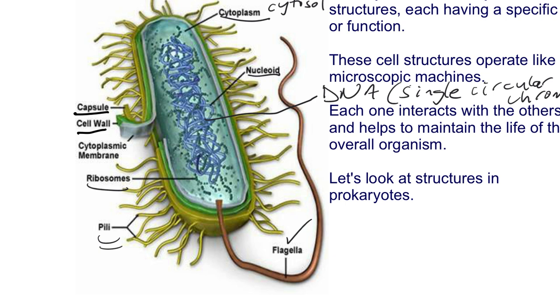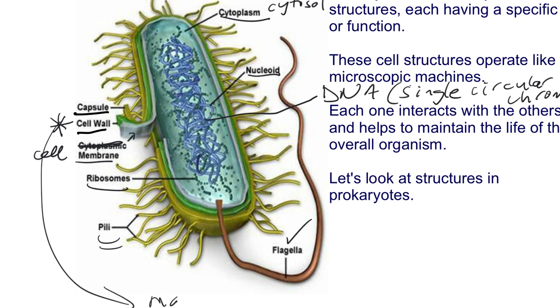What else? We got cell membrane, of course. A cell membrane, I don't know why they call it cytoplasmic membrane or plasma membrane. You can see that right there, that gray envelope around the whole cell. And they do have a cell wall, but it's not made of cellulose. It's made of a different substance, not chitin either. Let me just write that.